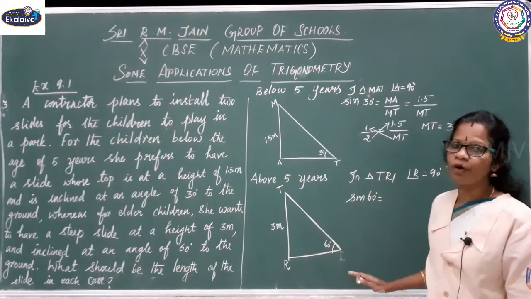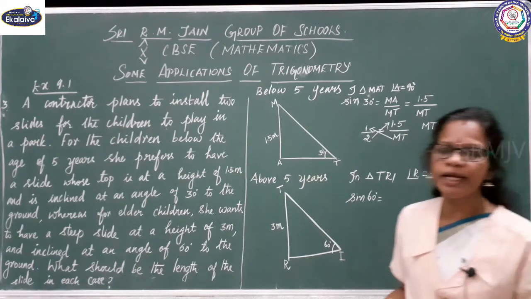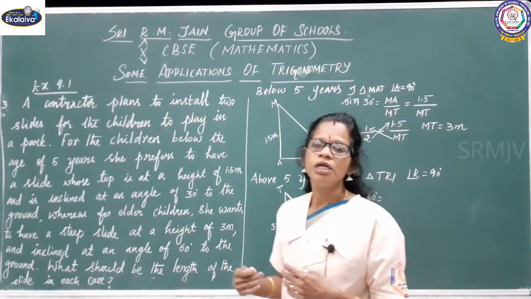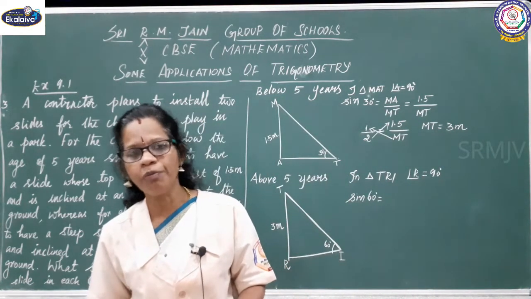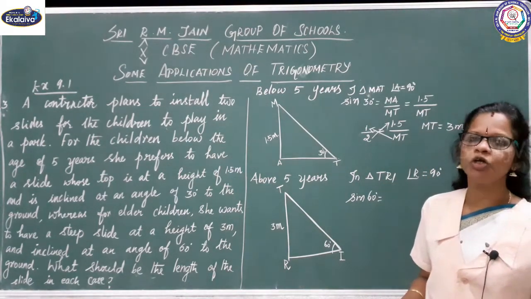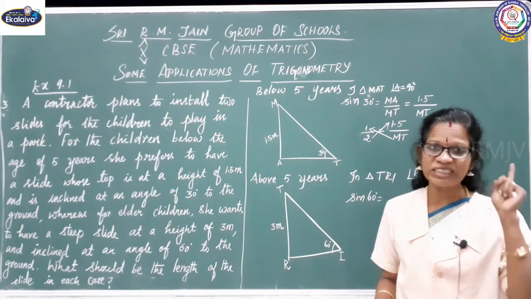Opposite by hypotenuse. Whenever we want to find a hypotenuse, if opposite is given, you should adopt sine. If adjacent is given, you have to adopt cos. Other than that, if opposite and adjacent are given, you should use the trigonometry function as tan theta.